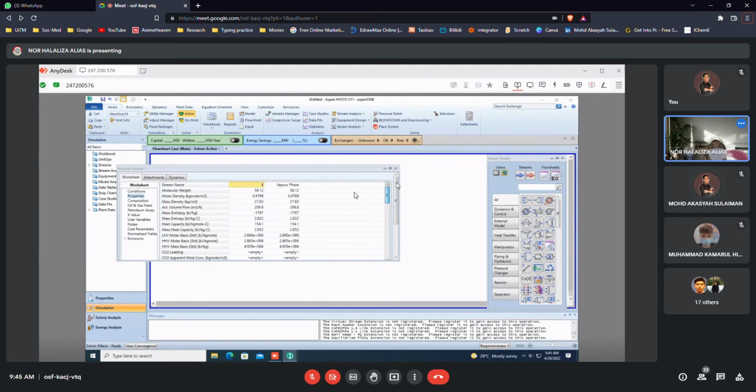Mass density 27.83 and the last one, viscosity, 1.334 times 10 to the power of negative 2. Okay, so far okay, class? Are you following?